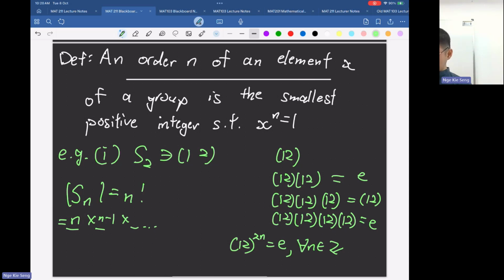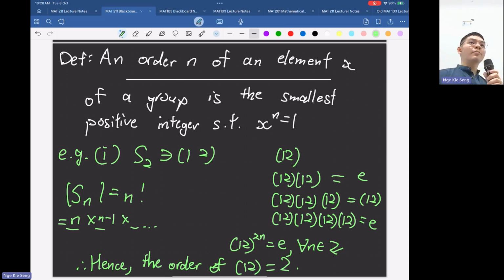Hence the order of (1 2) is equal to 2. Why? Because 2 is the smallest positive even integer. You cannot say 4, because it already returned to identity when you take power 2.